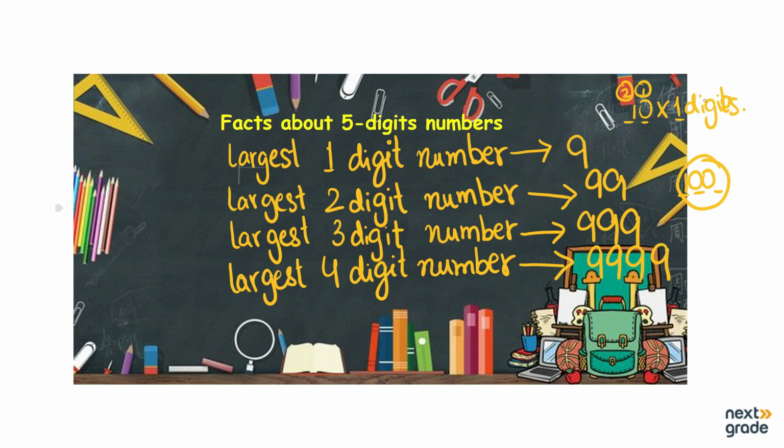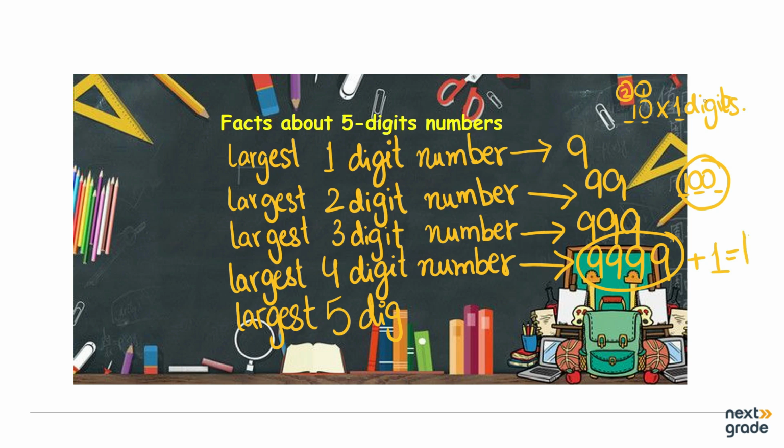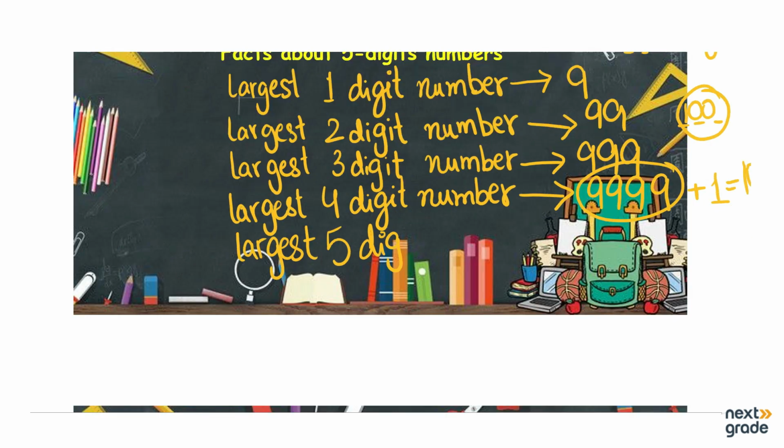See, if I add one more to this number, what will it become? Definitely, it will move on to 5-digit numbers, and that will become the smallest 5-digit number, which is actually 10,000, right?